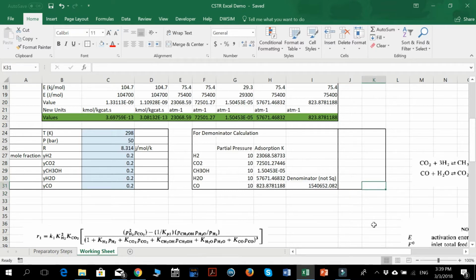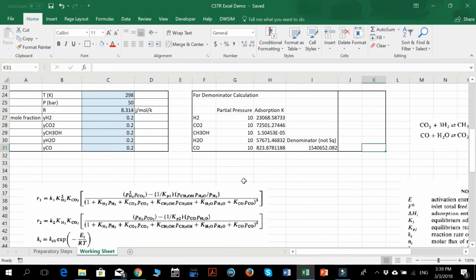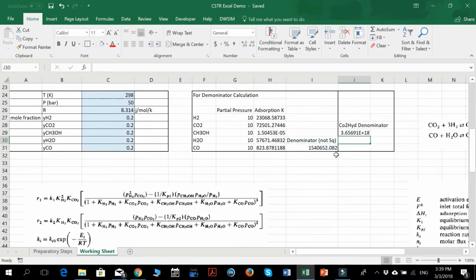But anyway, we can do the denominator for R1 first, which is the CO2 hydrogenation denominator. It is this unsquared denominator to the power of 3, and the water gas shift reaction denominator will be equal to this whole bunch to the power of 2.